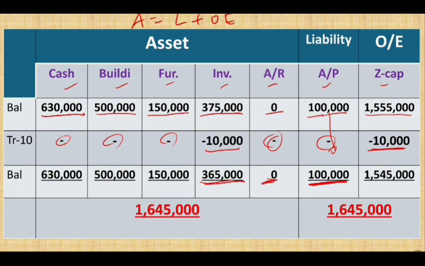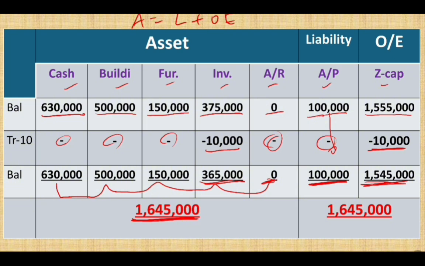But here, since we lost 10,000 inventory, we expect the capital of the company to reduce by 10,000. Therefore, 1,555,000 minus 10,000 gives us 1,545,000.